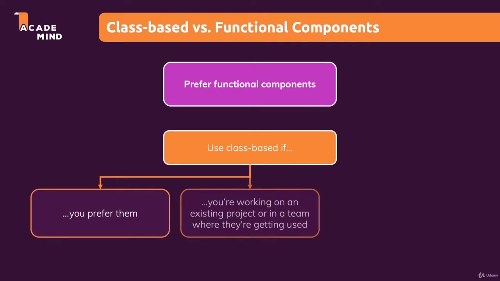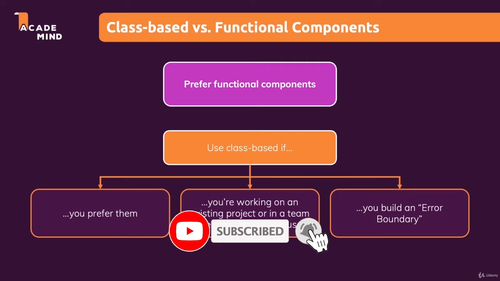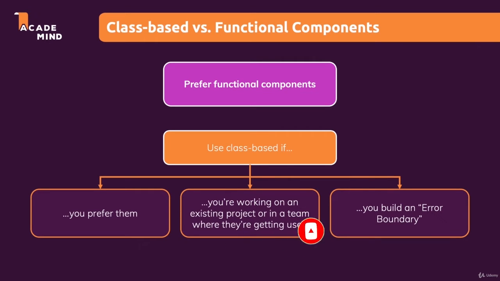If you're working on a project or in a team where there are a lot of class-based components being used, you might not have a choice then, and you might be confusing your colleagues if you start working with functional components only. And you also should use, and you must use, class-based components if you're building error boundaries. Now that's something we haven't learned yet, but that's exactly what we're going to take a look at in the next lecture now.